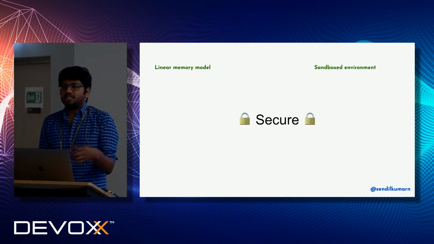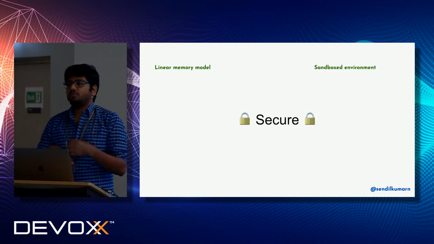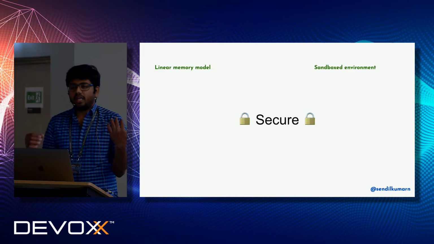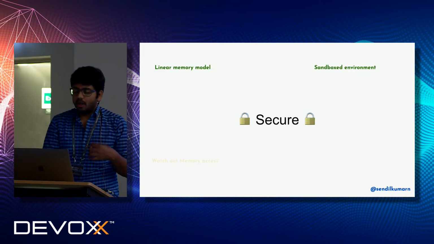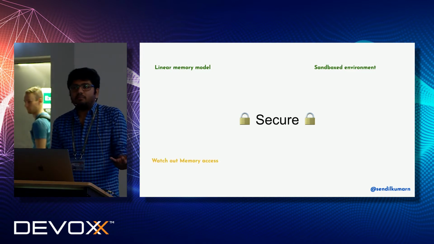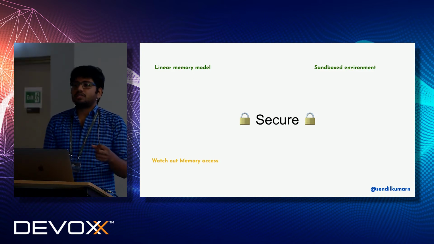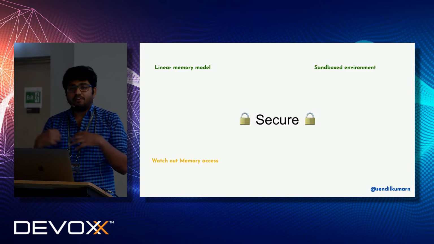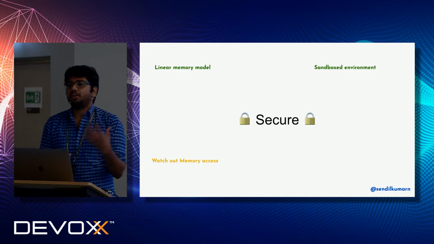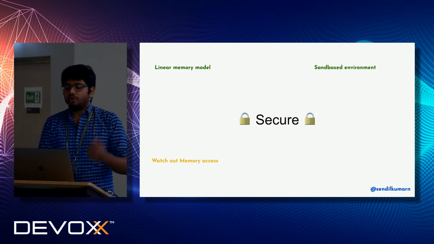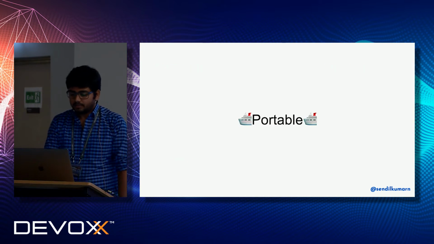That makes it really easy to carry data forward, move it further, and use that data somewhere else. But on the other hand, this linear memory model also gives memory access in your WebAssembly module. So if somebody uses this WebAssembly module, they can read this entire memory. That is also one other thing that you have to think over before you run WebAssembly.